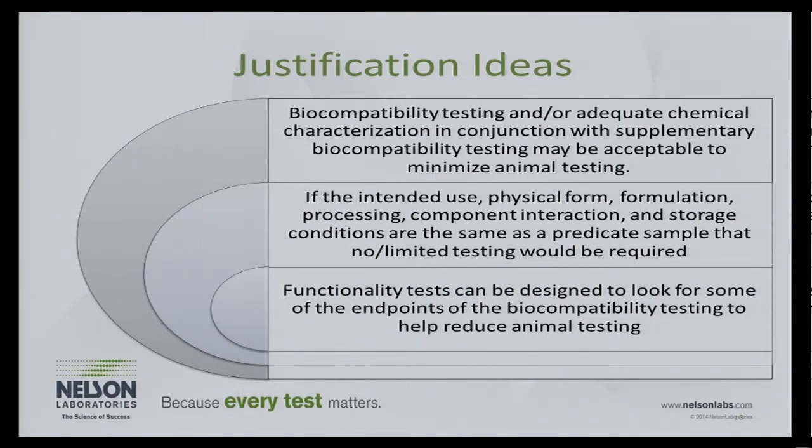This next one gives you kind of an idea of what the FDA looks for to justify out of testing using a predicate device. A lot of people say my competitors or my previous device have this biocompatibility, mine's exactly the same, so I don't need to do anything. Well, the FDA says if the intended use, physical form, formulation, processing, component interaction, and storage conditions are the same as a predicate sample, no or limited testing would be required.